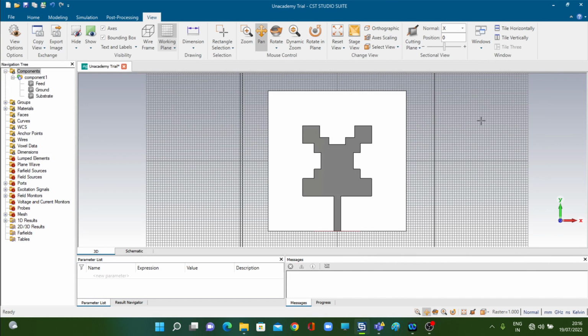So having understood this Hilbert fractal design, now suppose you want to generate an annular ring-like structure. Suppose from this design only, you want to generate an annular ring, which means you want to design a central hollow region.